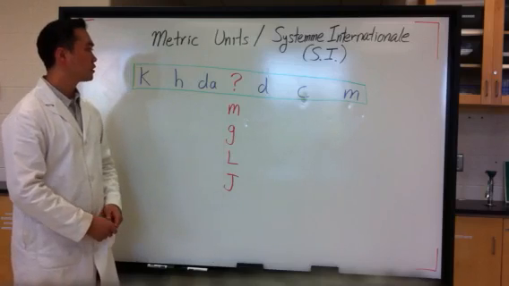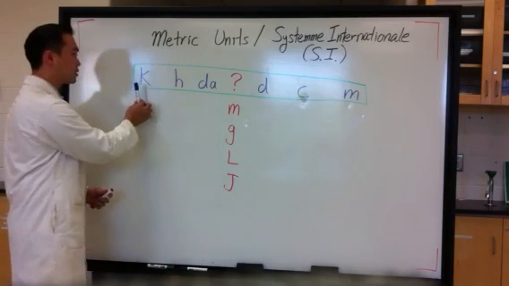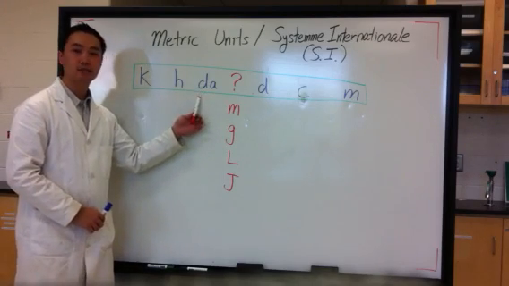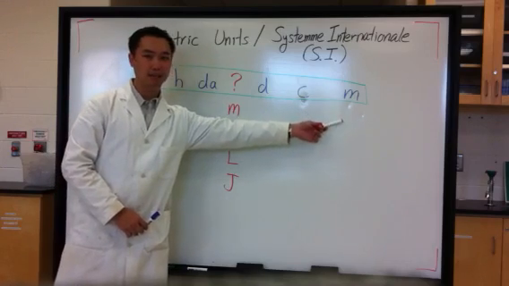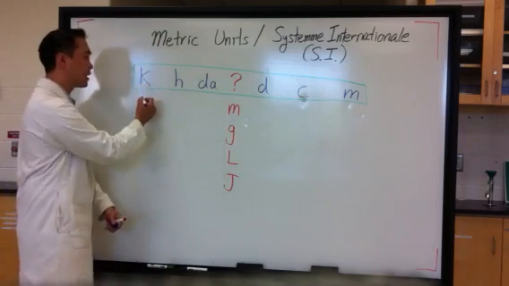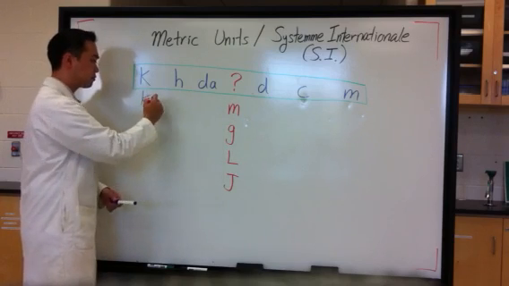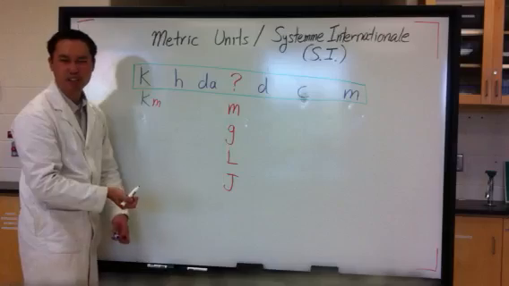All right, so let's do a little sample question and see how we go with this one. So, take a look at this. K stands for kilo, H stands for hecta, DA stands for deca, D is deci, centi, milli. So for instance, I can just bring down the K and make this kilometers. You can do the same with HM and DAM, but generally we don't use those too often.